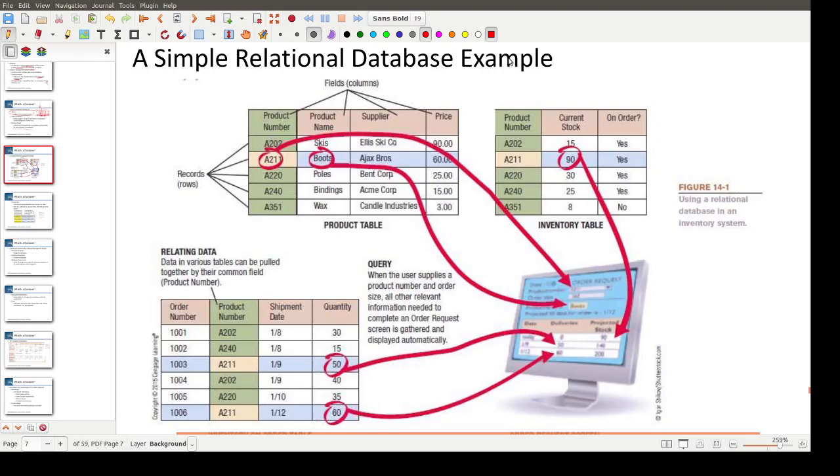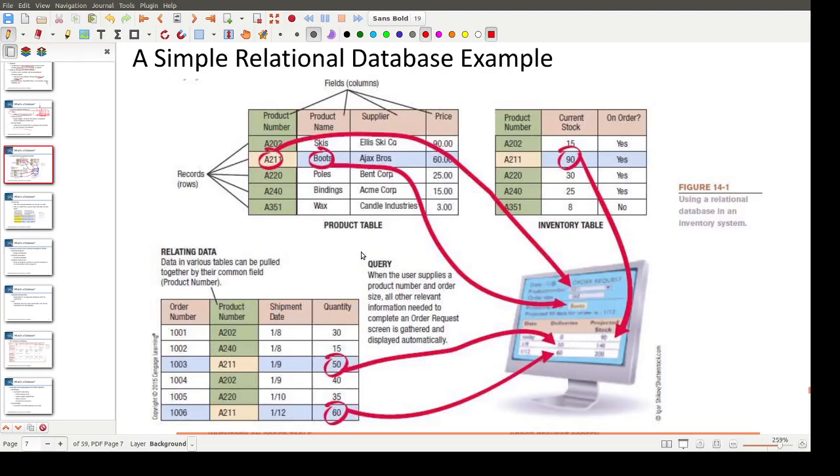Product number here is common in these two tables, and that's why it is called a relational database, because you relate one table to another table using a common field, and here the common field was product number. In some other tables you might find the common field is not the product, it may be something else.